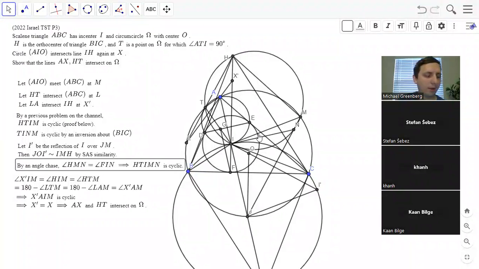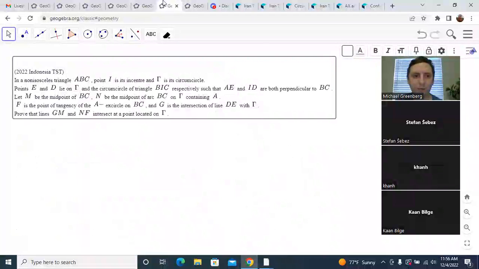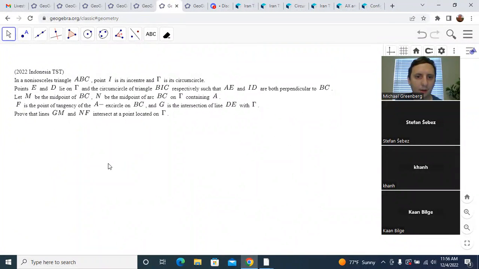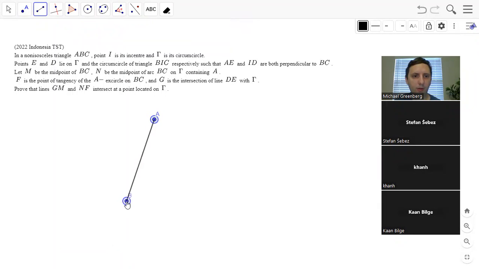All right, we could take a quick look at another problem, just the last 5 minutes. This one looks interesting. I'll just draw it up and see. So this is Indonesia.